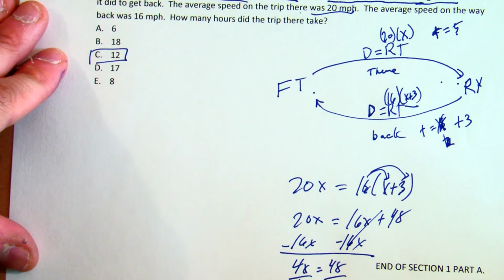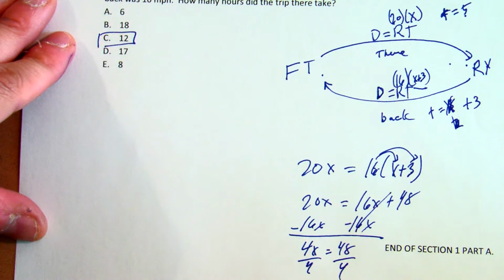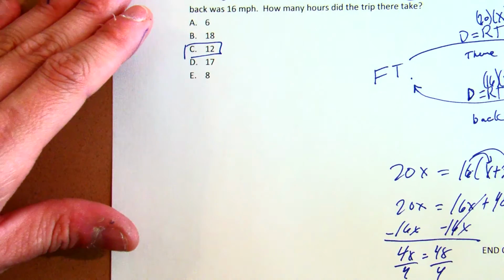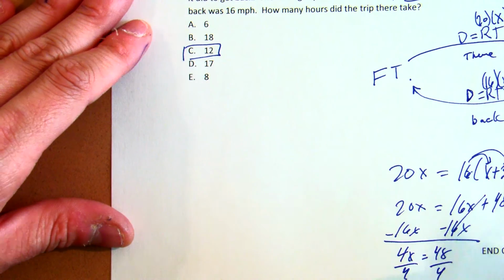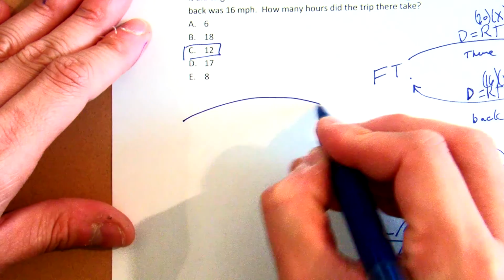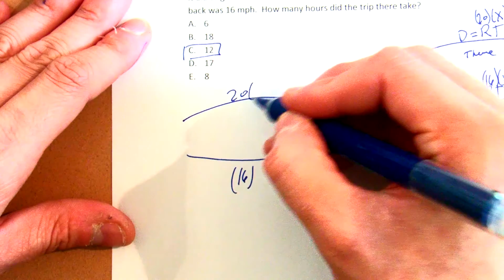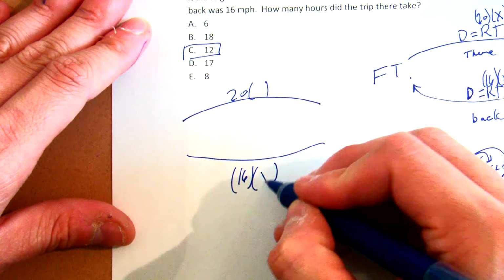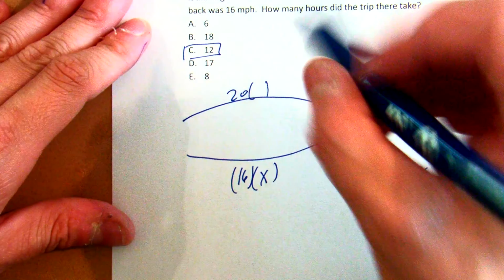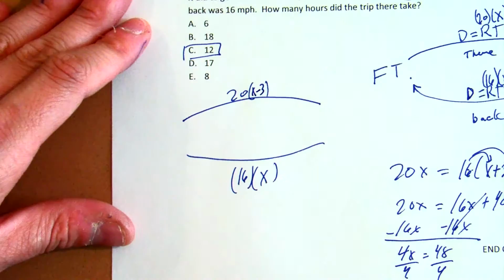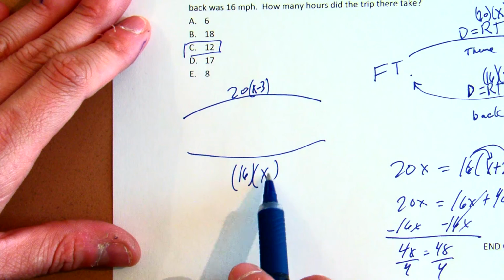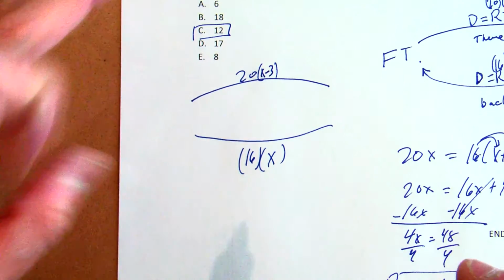Some people, by the way, might have set this up differently. You could have done the same thing, call this 20, call this 16 here. And then, if you call this X here, then this one is X minus 3, right? You could have also done this, but then you have to do something else at the end.